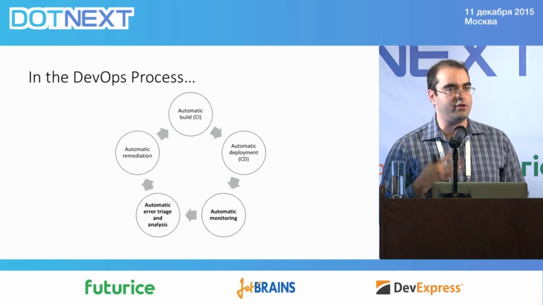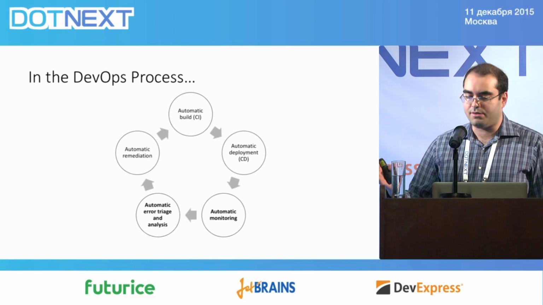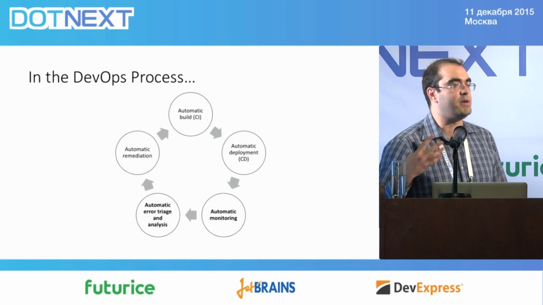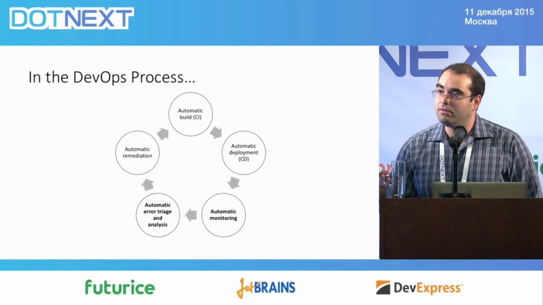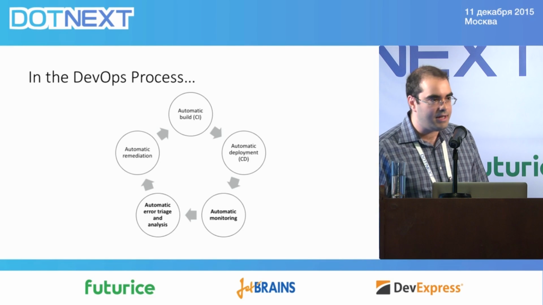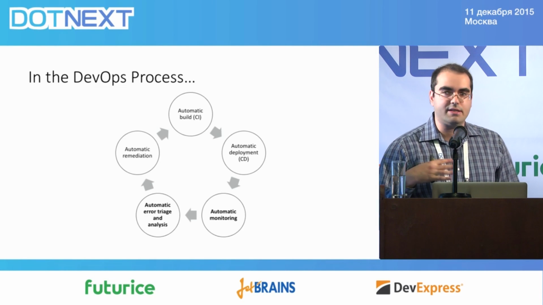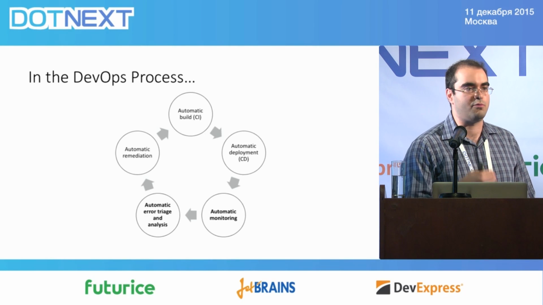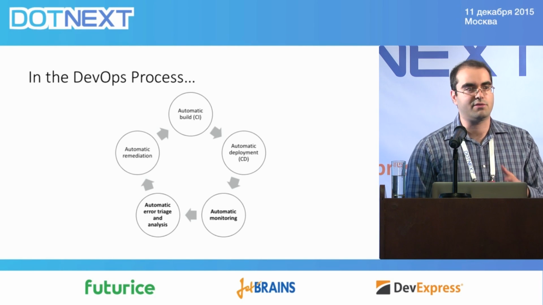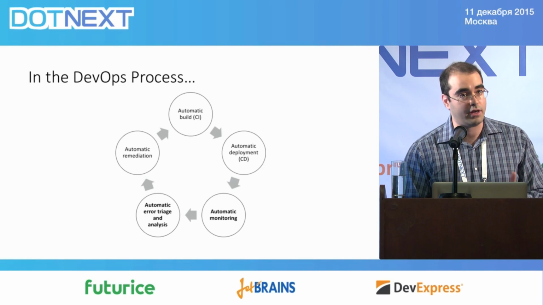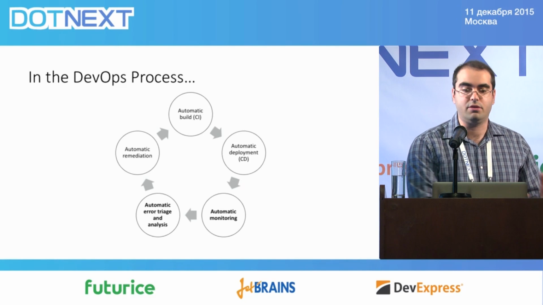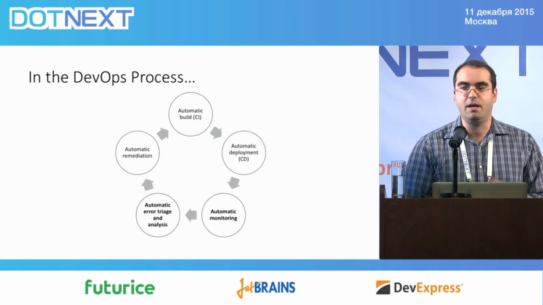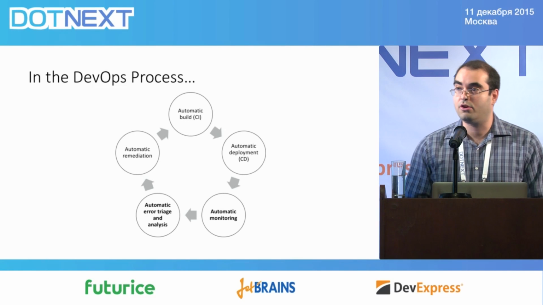So again, in the whole development process, so to speak, we already have agreed upon certain things that have to be automatic. So I guess there's no argument that we need automatic builds and automatic testing while we're doing those builds. It is becoming pretty accepted that we need automatic deployment. So when you build your stuff, you might also have a process for automatically putting it on a testing server or on a staging system, maybe even deploying to production automatically.